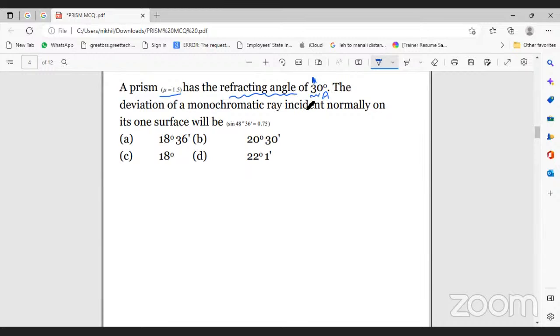A monochromatic ray is incident normally on one surface. You have to find the deviation.